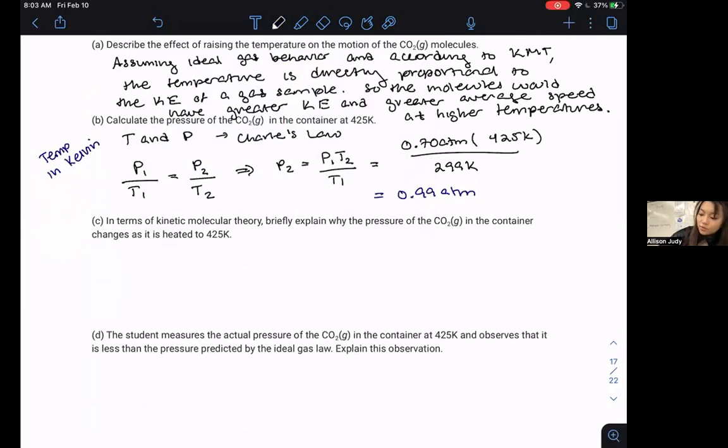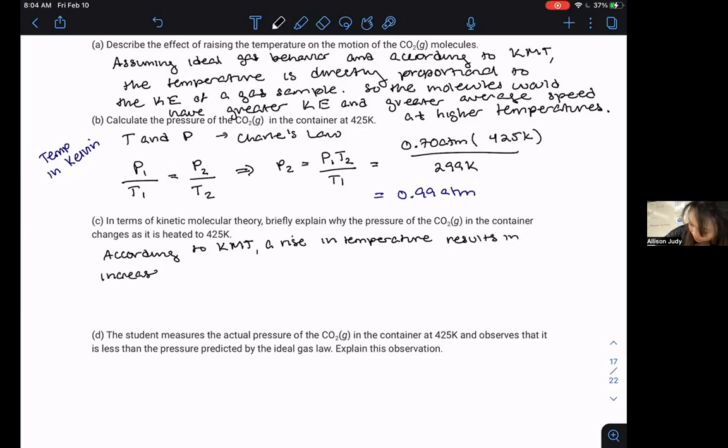So what we know is that, okay, according to KMT, a rise in temperature results in increased kinetic energy and motion of particles.